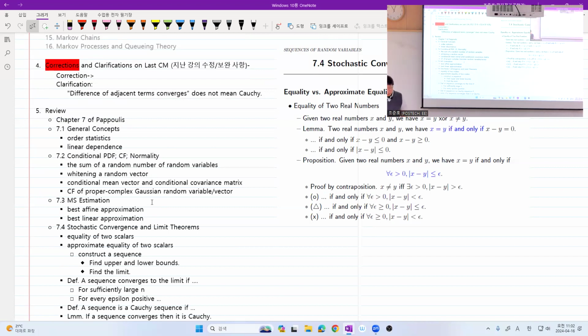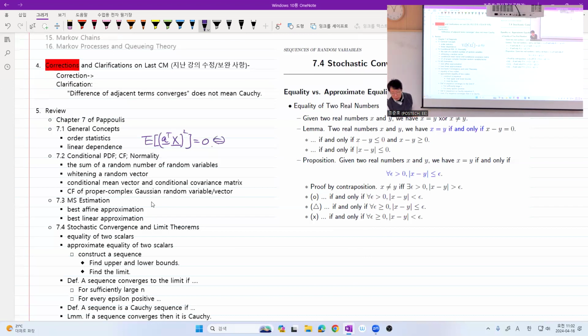You remember linear dependence among random variables as something like this. If you have jointly distributed random variables x1 through xn, and you linearly compute a weighted sum, and its power, or its non-central second moment, equals 0, then what can you say?